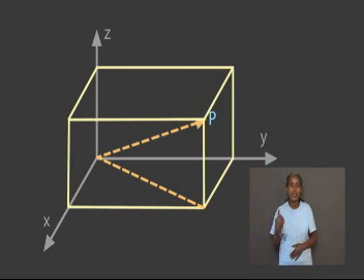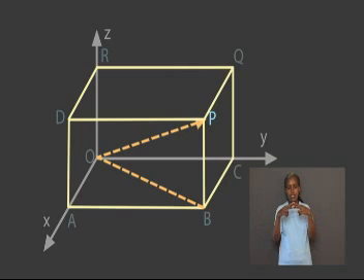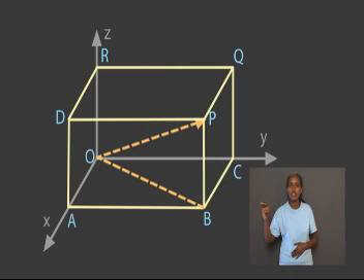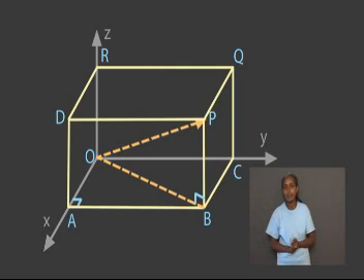We will name the vertices O, A, B, C, D, P, Q, and R. Our resulting graph should look like this.